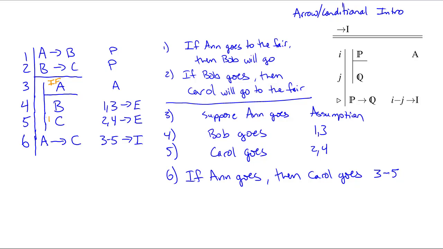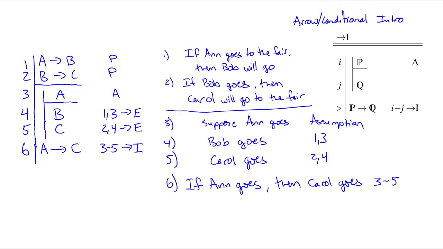If A, then we can get C, so we get the conditional A arrow C. As you can see, the additional scope line and the horizontal to indicate the auxiliary assumption are like a miniature derivation inside of the larger derivation. In the English case, we indicate that similarly with indentation and marking the suppose Ann goes as an assumption. Now, a couple of points about the subderivation.